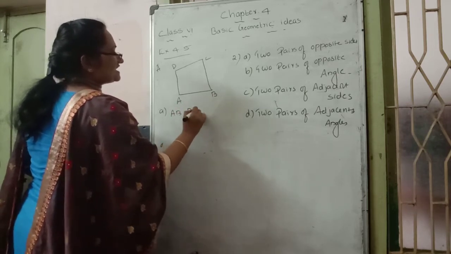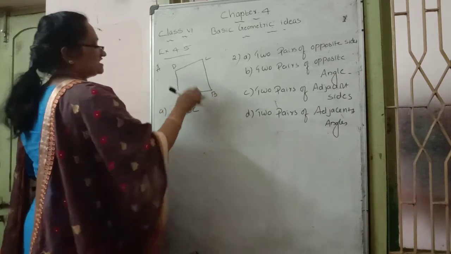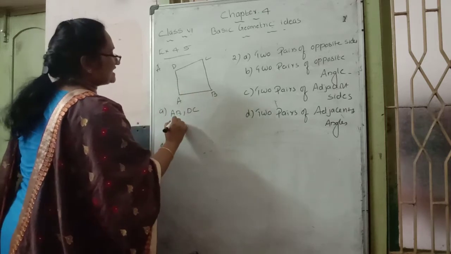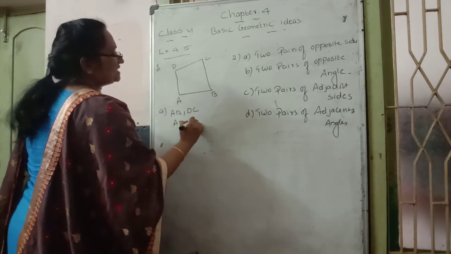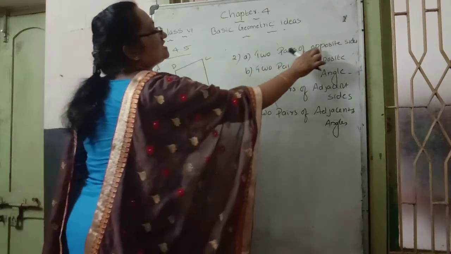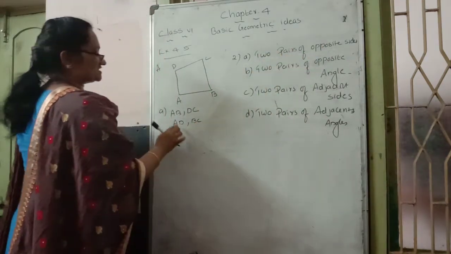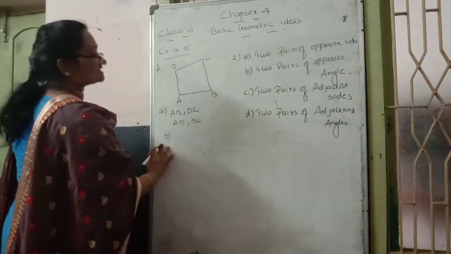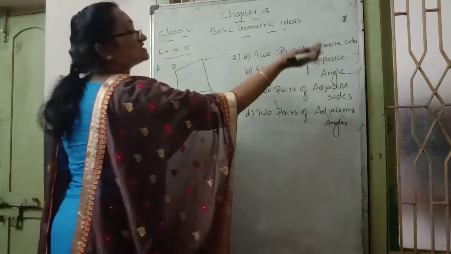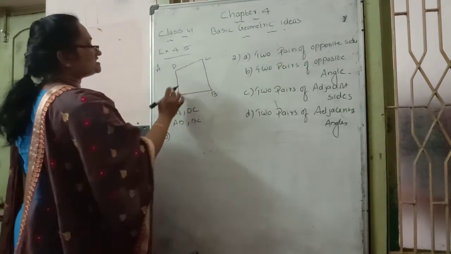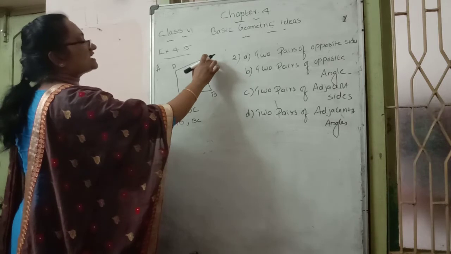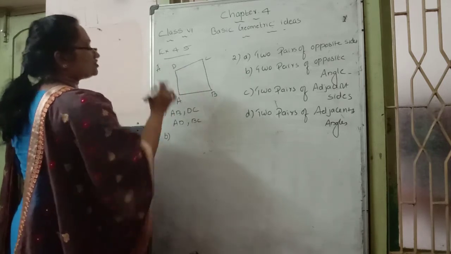AB and DC are the first pair, they are opposite. Next, AD and BC are the opposite sides. Two pairs of opposite sides, that is the first answer. Part B: two pairs of opposite angles. Which are the opposite? Angle A is opposite to angle C. Angle B is opposite to angle D.